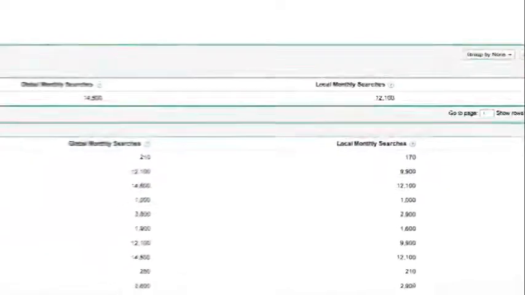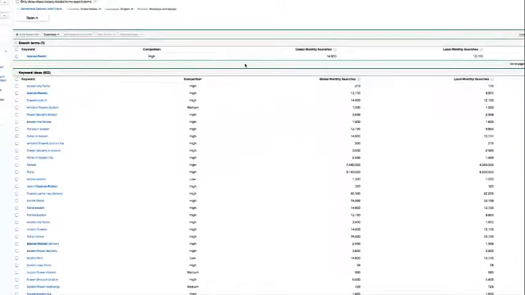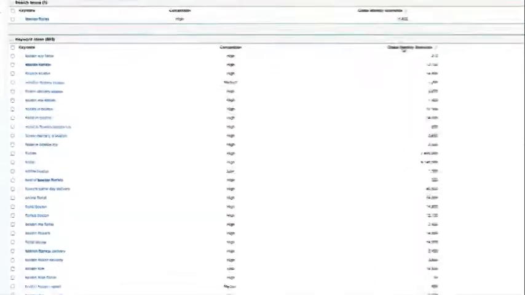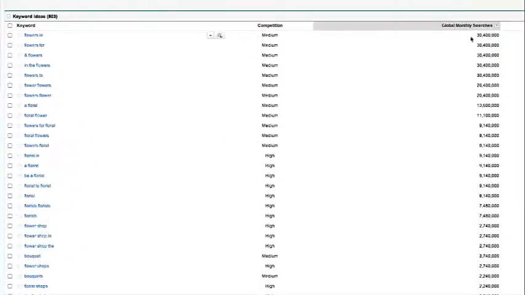But this keyword tool is very intuitive, and it gives us a lot more information that is very useful to us. It gives us the data on all of these related search terms, their competition, and how many searches they get. One can do a few things from here. For instance, you can order the list according to the number of searches. Wow! Approximately 30 million people around the world look up the terms flowers in, flowers for, and flowers, and so on.